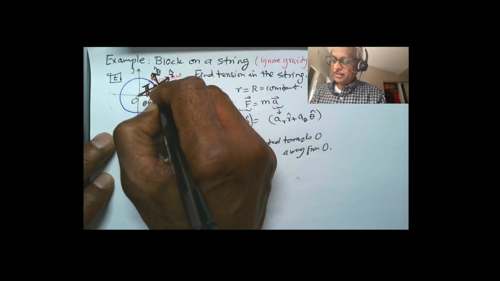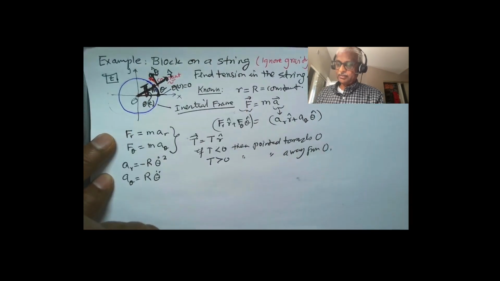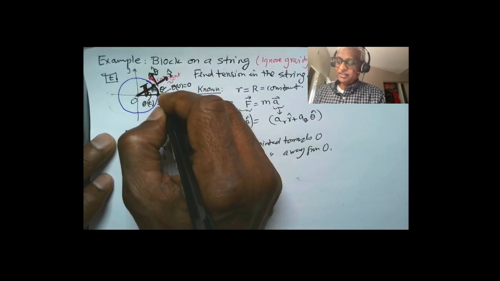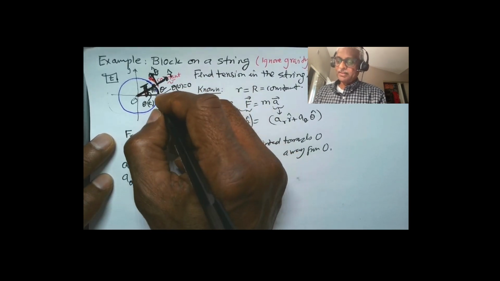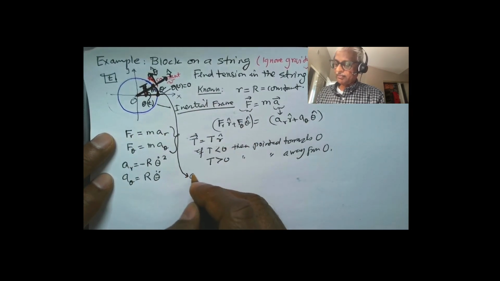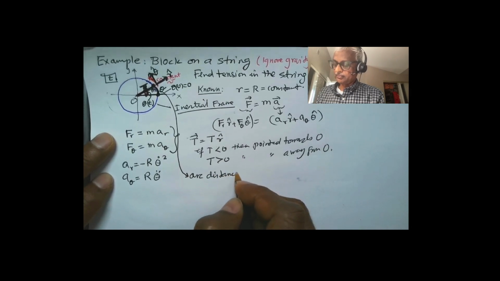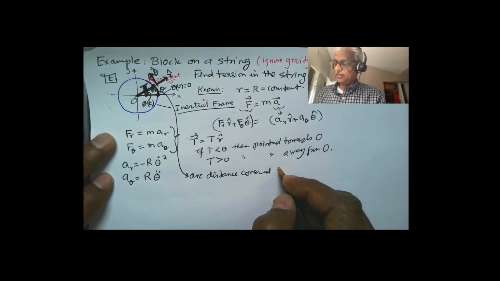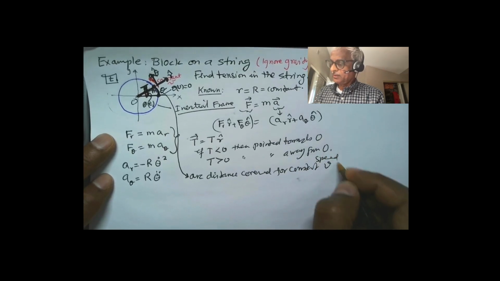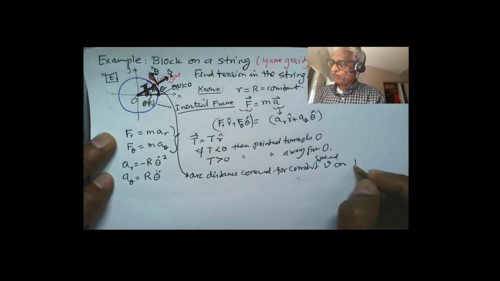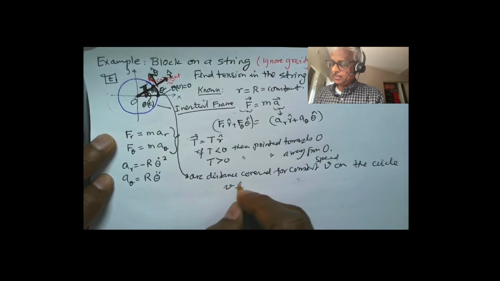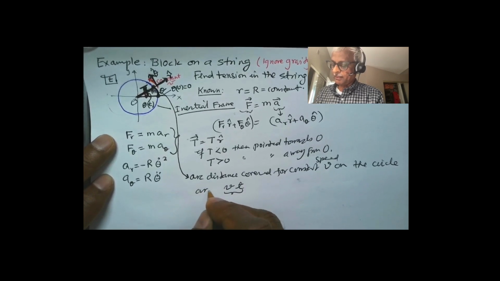So if you look at this theta, and this thing is going at a constant v, then for constant speed on the circle, the arc distance covered is v times t.